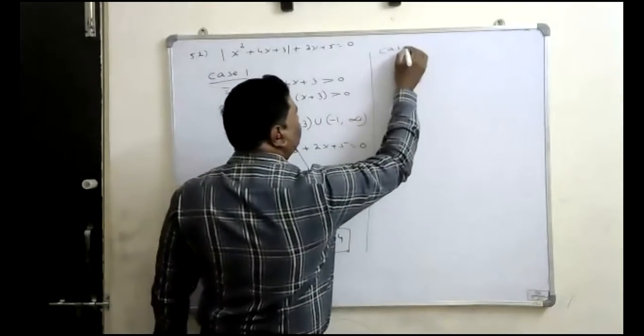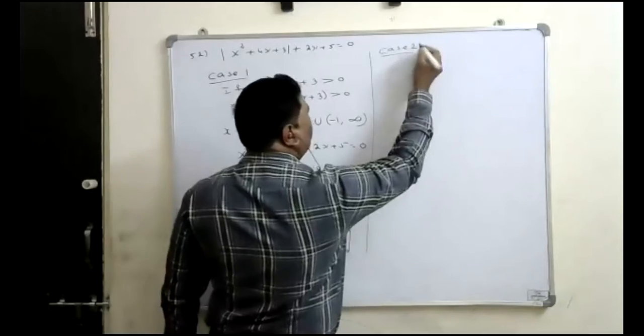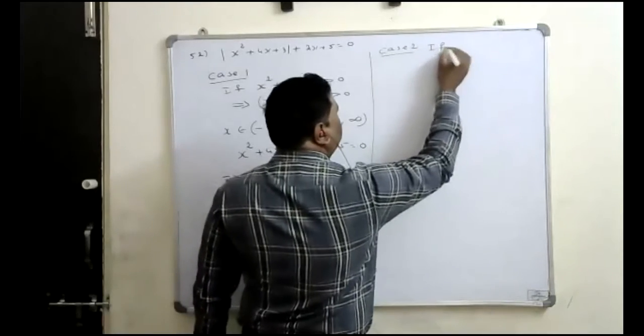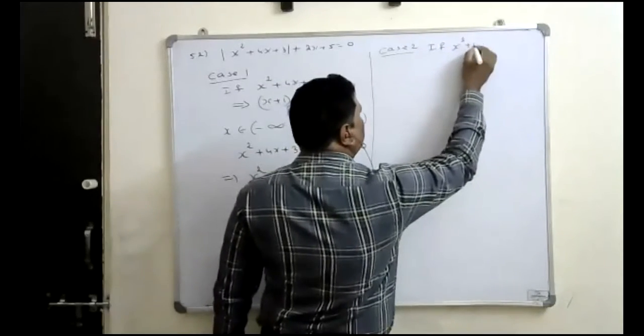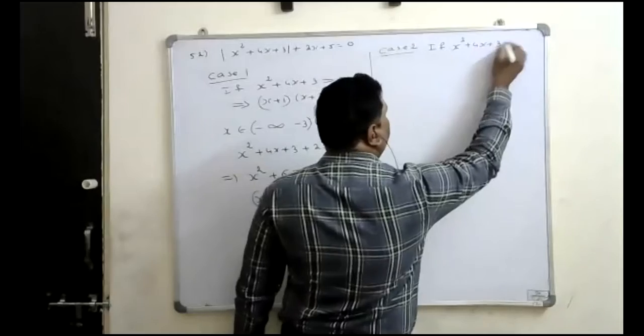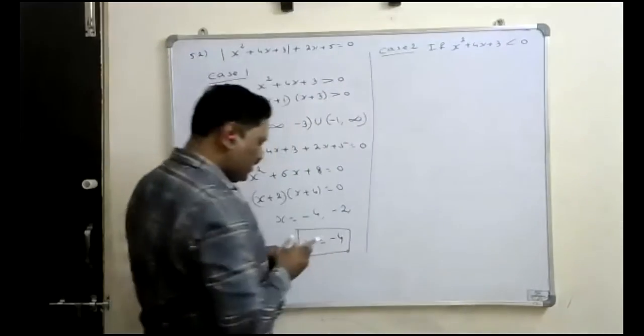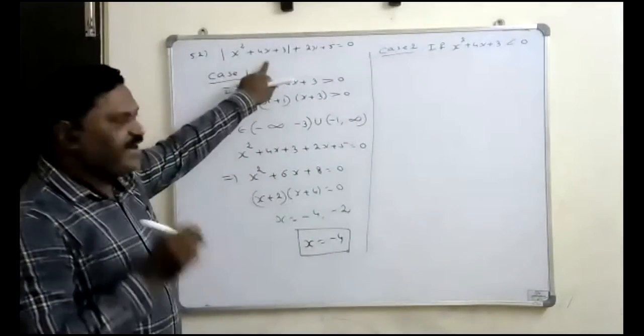Case 2, that is if x square plus 4x plus 3 is negative. So I will take that. Suppose let us assume that this is negative.